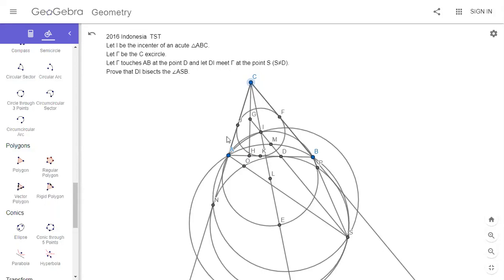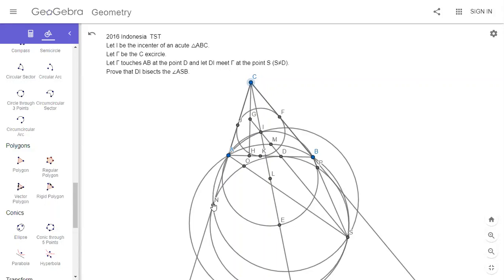This is really interesting. Okay. Well, how would you find INA? So INA, I guess, is NIE minus NCI. Both tangents to the X circle from C are equal.